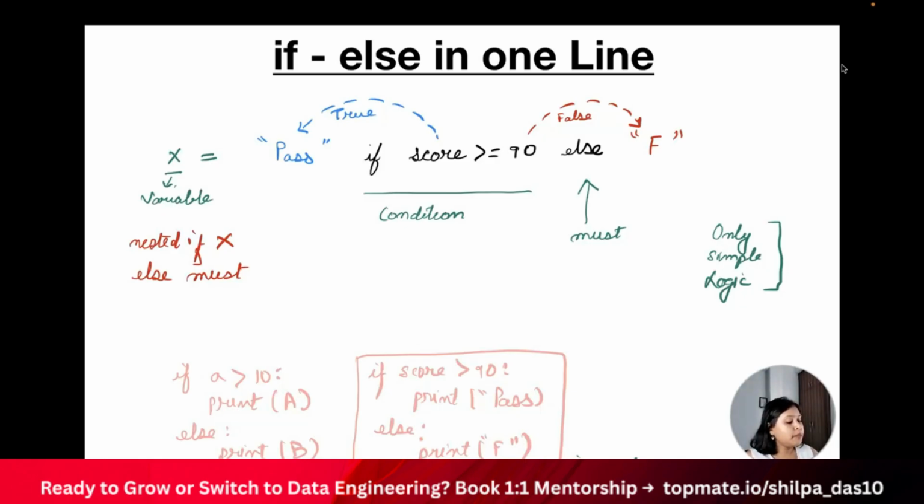Also, this is used only for simple logic, okay? Keep in mind it's only for simple logic. And it's very, very quick to write this code. It's also short and easy to understand because it is in one line.